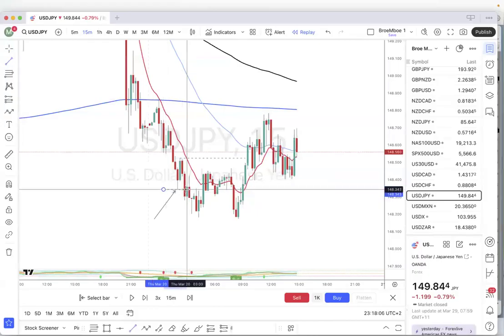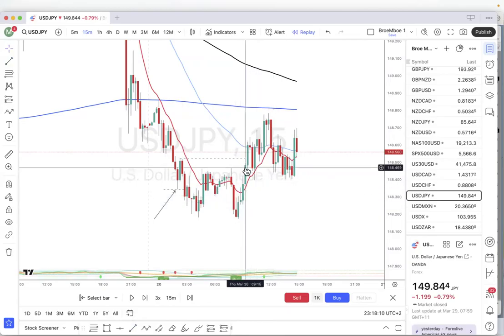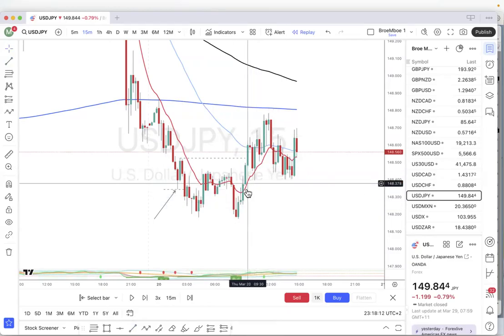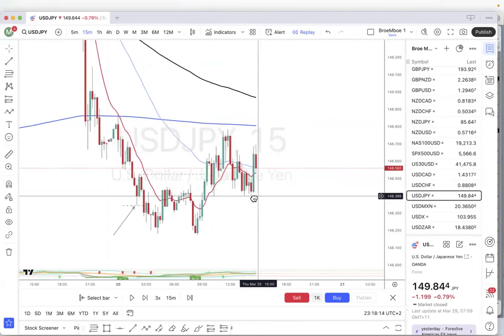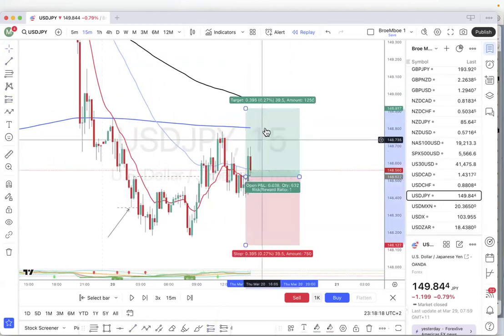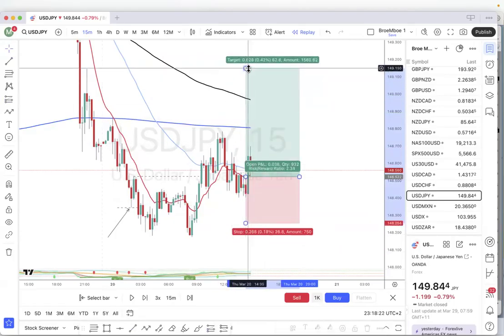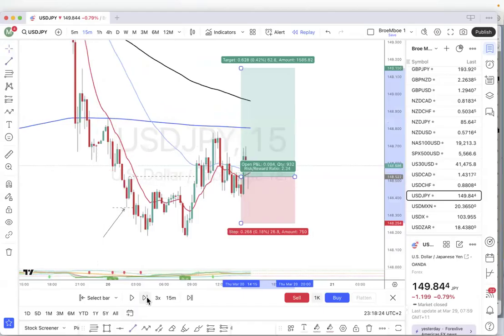So you need to, especially on smaller time frames, open your eyes to see these things. And we have a break. And after the break, then you take your buy. All right. After the break and pull down, then you can take your buy.